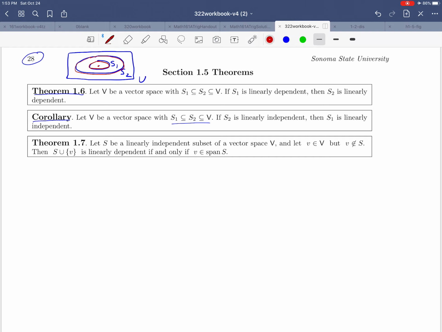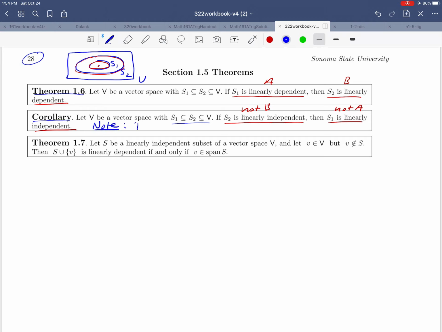Theorem 1.6 is of the form if A, then B. And if you look at the corollary, notice that it has the form if not B, then not A. You recognize that sort of thing? The corollary is really just the contrapositive of the statement of theorem 1.6.